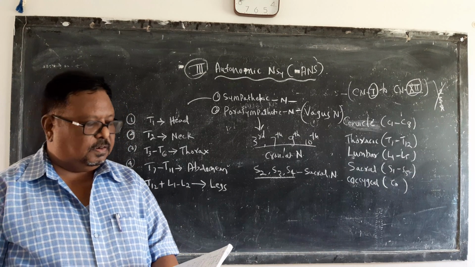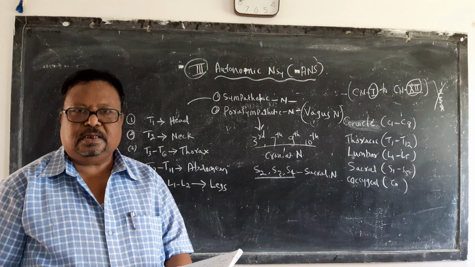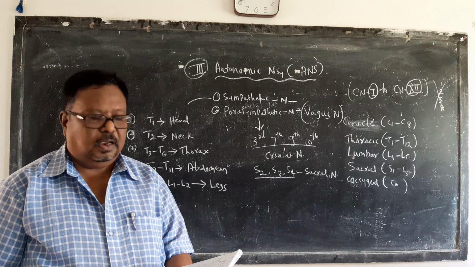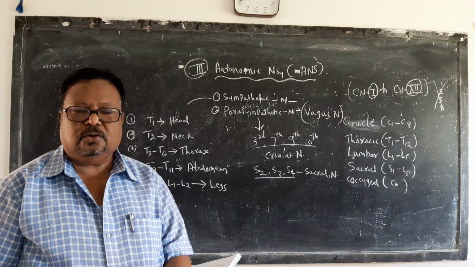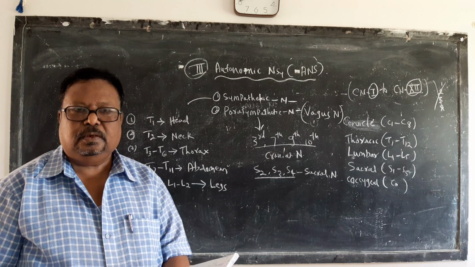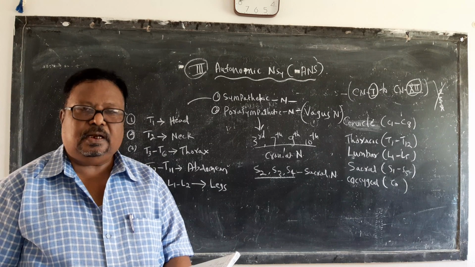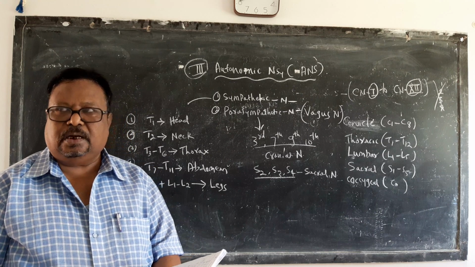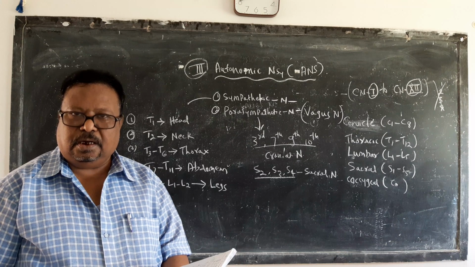The nervous system consists of the central nervous system, that is CNS, the peripheral nervous system, that is PNS, and the autonomic nervous system, that is ANS. The central nervous system consists of brain and spinal cord. The peripheral nervous system consists of cranial and spinal nerves. The autonomic nervous system consists of sympathetic and parasympathetic nerves.